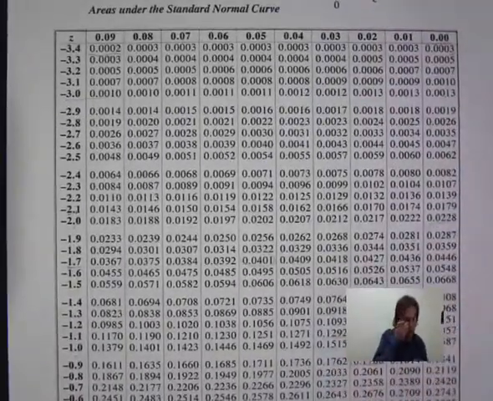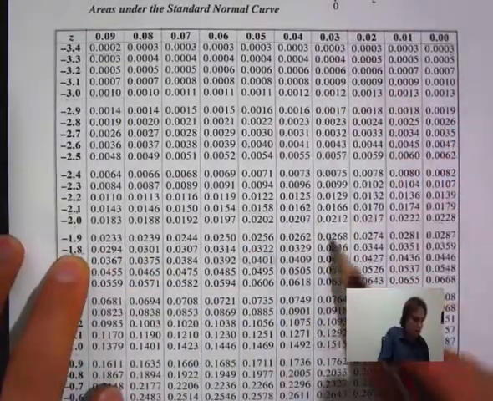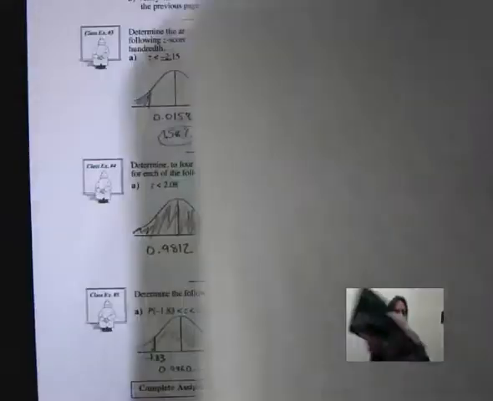Now we have to subtract negative 1.83. So let's put this here. Negative 1.8, and we find 3 all the way over there. 1.83 is 0.0336.